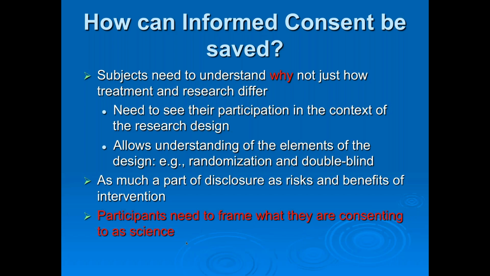They need to see their participation in the context of a research design, not just as a series of items that we give them. So we've come to feel that they need a mini course on how research is designed.